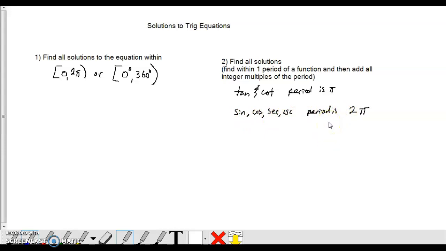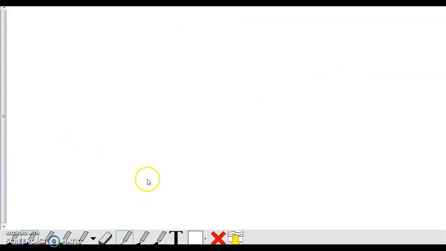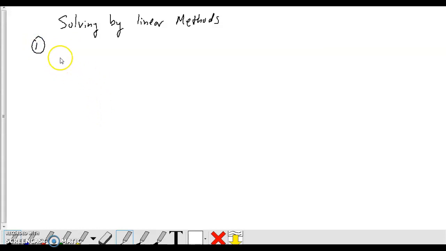So again, that brings us back to a little bit of the graphing aspect. I have a couple different ways that we can solve. Our first one is called solving by linear methods. Linear because there's going to be no exponent. I have a couple of steps and tricks that we should be using.